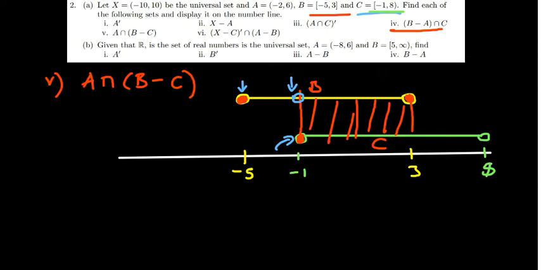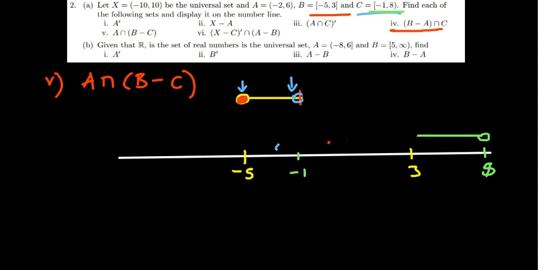If it was C minus B, we would remain with the part going that side for C, but this is B minus C, so we're removing C, and that is what remains of B. B minus C. Good.